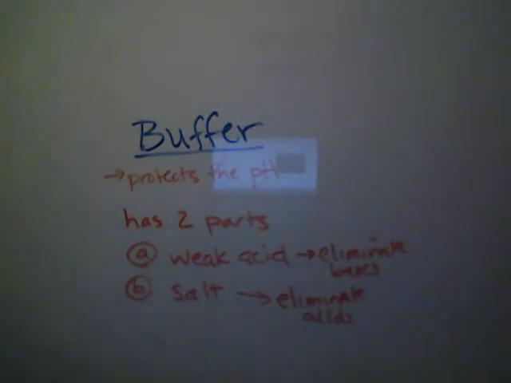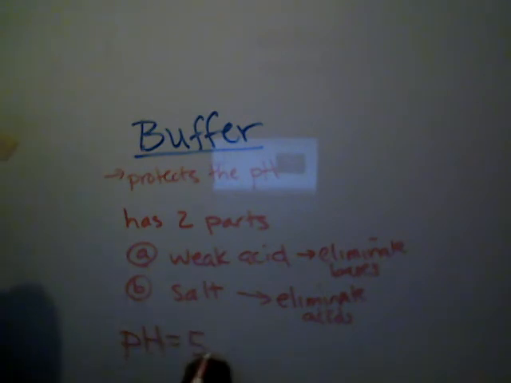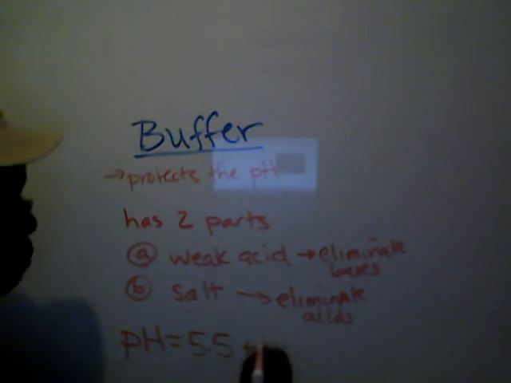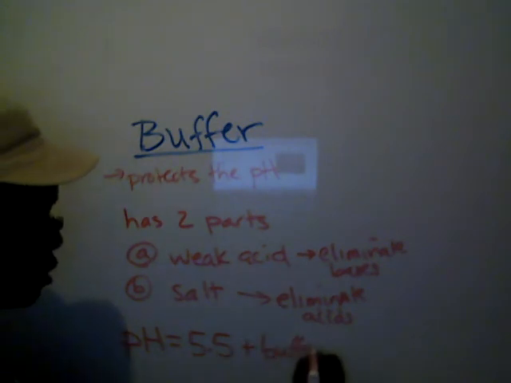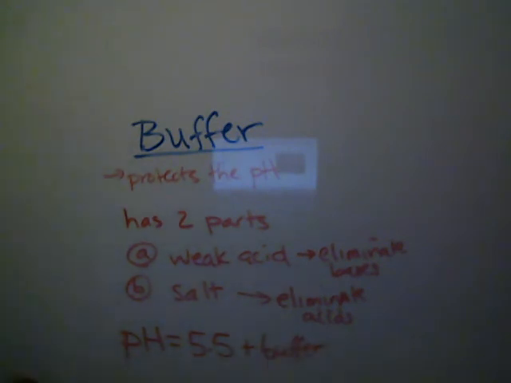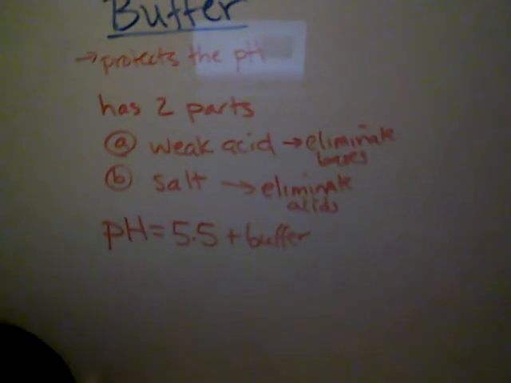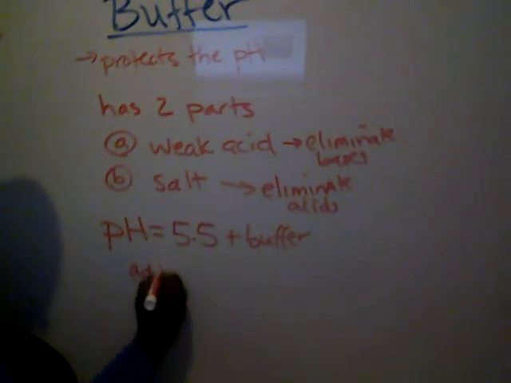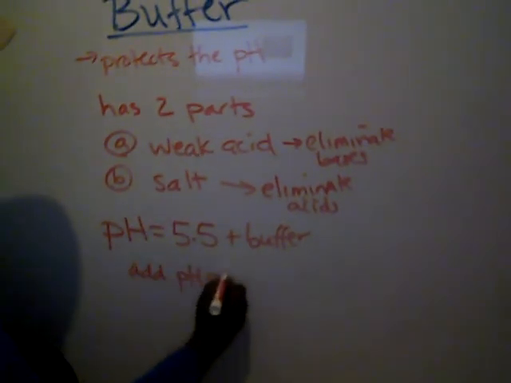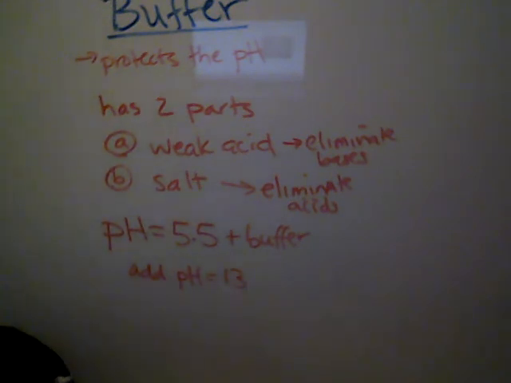Now, what do we mean by that? Let's say we have a pH of 5.5 and we want to protect it. We would add a buffer to that mixture, and no matter what we add after that, the buffer is going to protect that pH. So let's say 5 minutes later we add something with a pH of 13, something really, really basic.